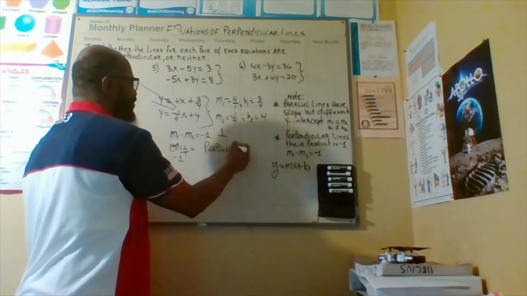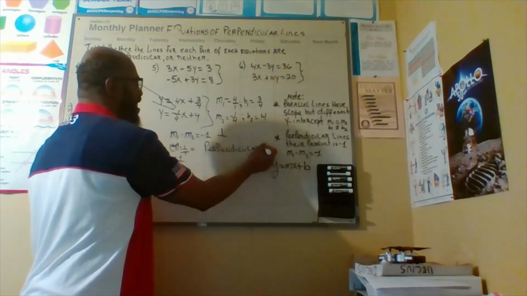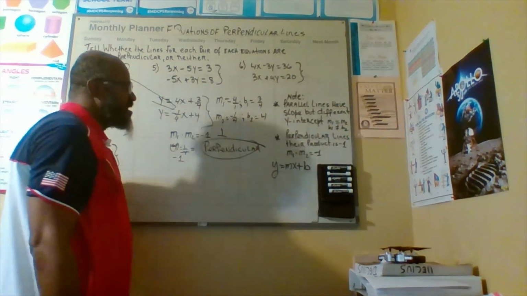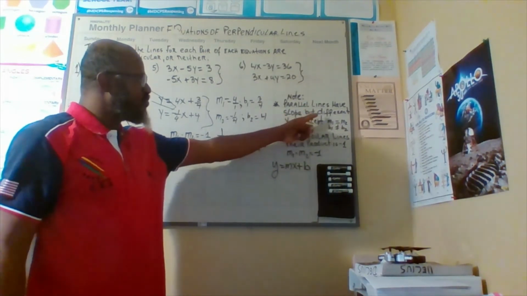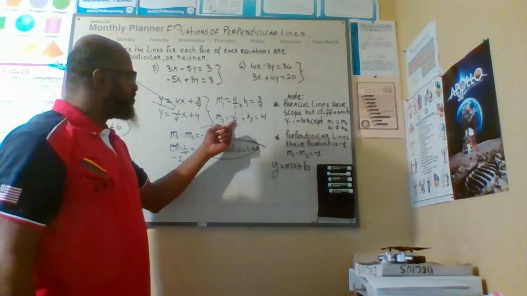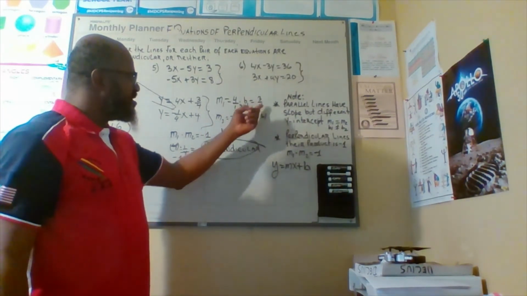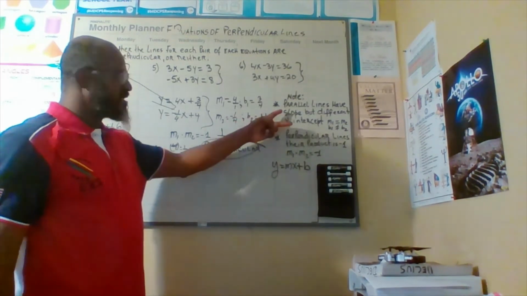You have to do the test. So you will say, how do you get the perpendicular? These are the rules. The rule says if the lines are parallel, they have the same slope but different y-intercept. When you compare m1 to m2, they're not the same. Even though the b are different, the slopes are not the same, so we cannot say they are parallel.